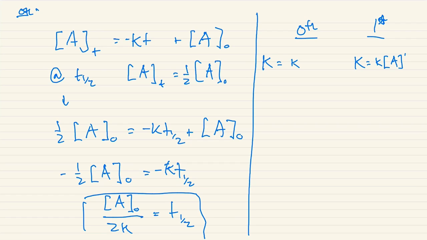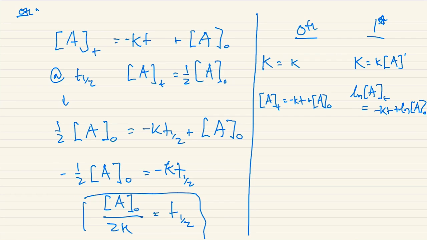We have our 0th order integrated rate law, which is concentration at time t is equal to minus kt plus the concentration at time 0. And then our first order integrated rate law: the natural logarithm of the concentration at time t is equal to minus kt plus ln of the initial concentration.